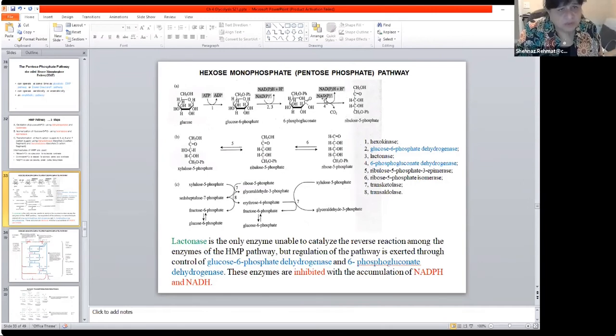So the two dehydrogenases, that is your enzyme number 2 and enzyme number 4, which I've highlighted here, are the controlling enzymes for the pathway. This pathway is inhibited when too much NADPH is accumulated. So negative regulation with accumulation of this is another way of controlling.